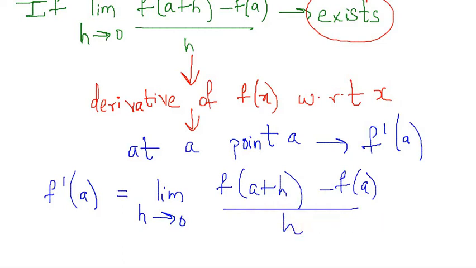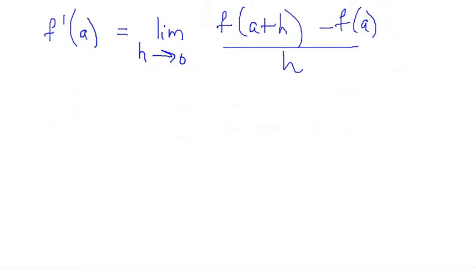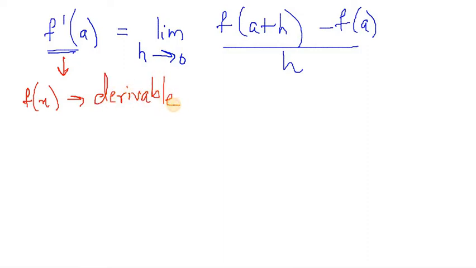Now we know that f dash of a exists in this case. Okay, so the function is said to be derivable. The function is said to be which function? F of x. The function is said to be derivable or differentiable at point a.